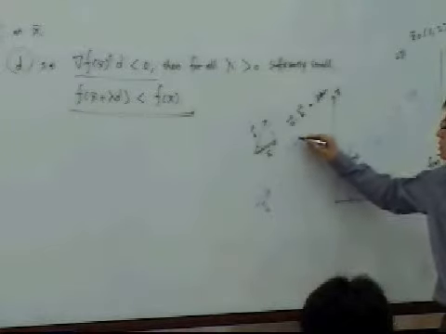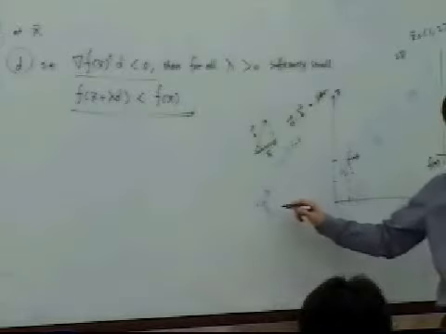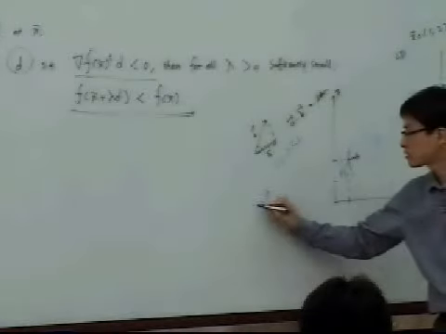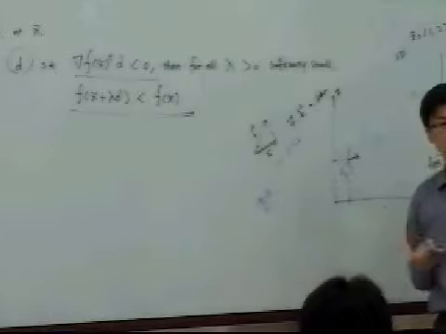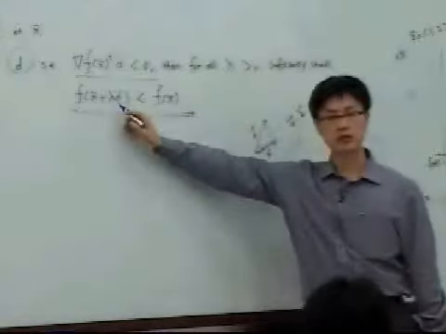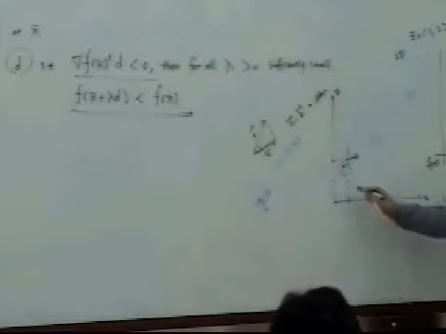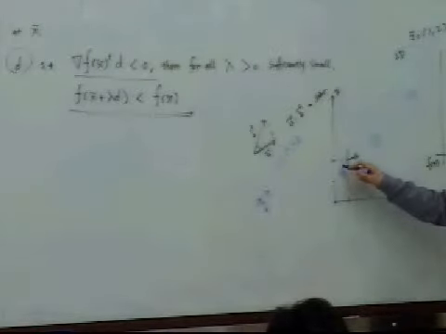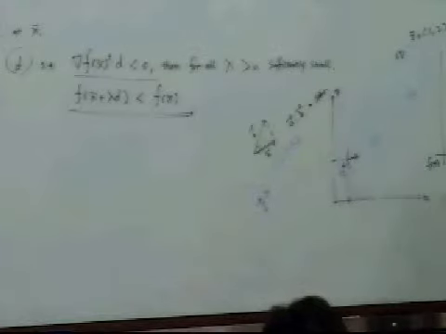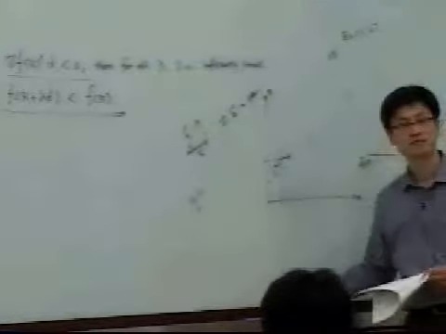If lambda is between 0 and 1, what would lambda d be? It's going to be something like this, right? So x bar plus lambda d may be somewhere here. The function evaluation at this point is less than at that point. Straightforward, right? Any question?